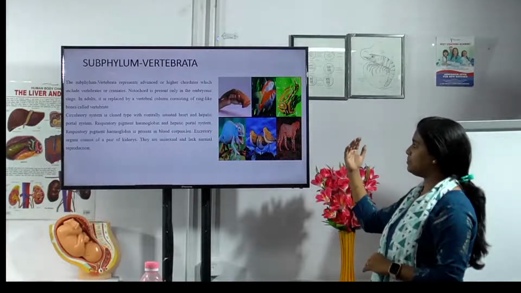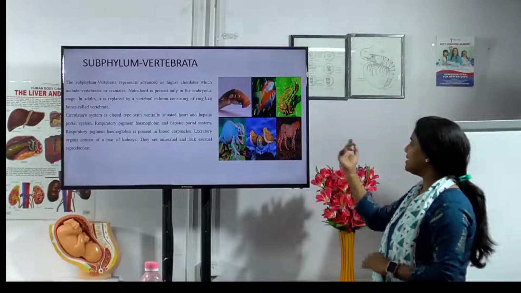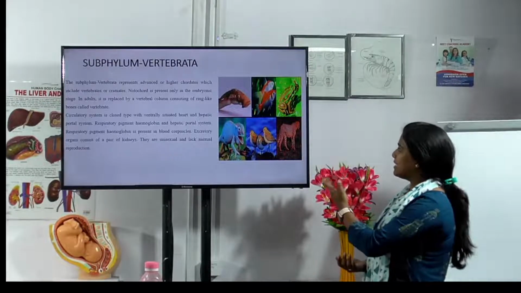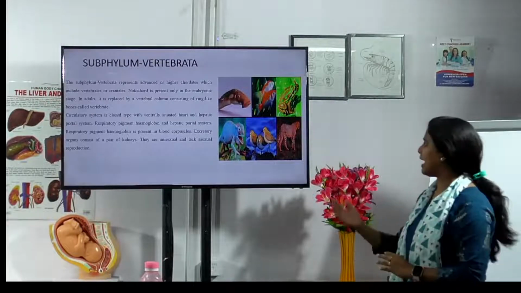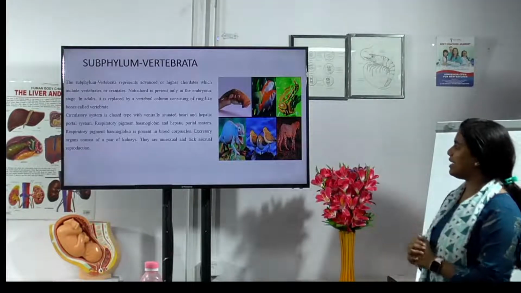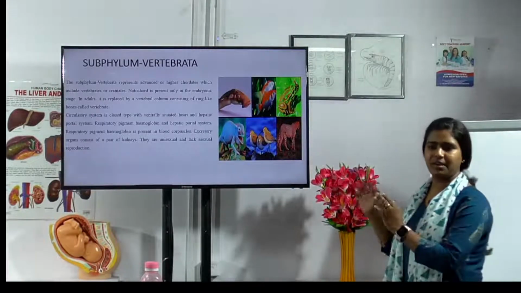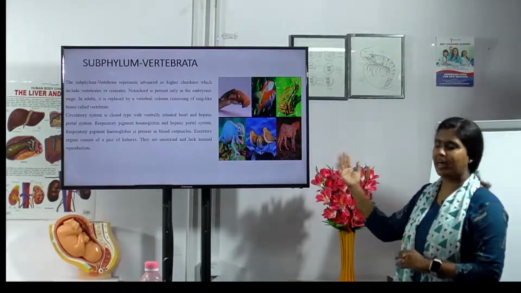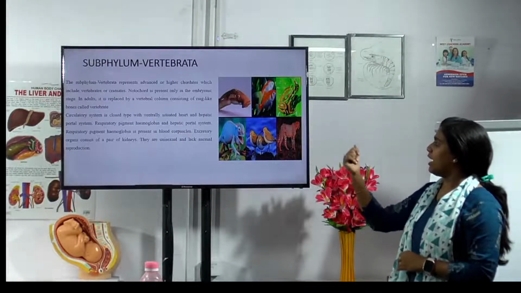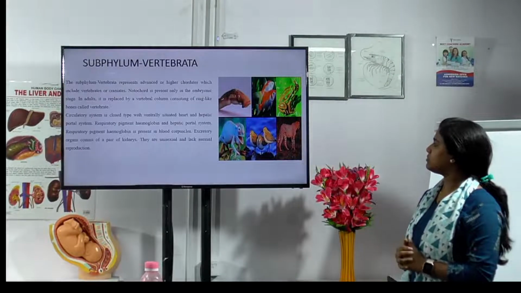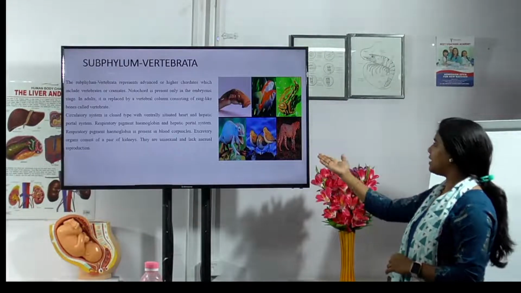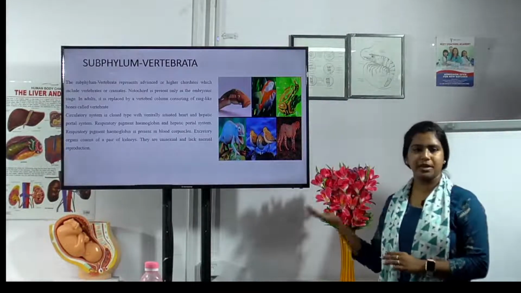In adults, it is replaced by a vertebral column consisting of ring-like bones called vertebrae. The circulatory system is closed, with a ventrally situated heart, and a hepatic portal system, all well developed. It also has hemoglobin and RBCs. Excretion is through a pair of kidneys only, and they are unisexual and lack asexual reproduction.